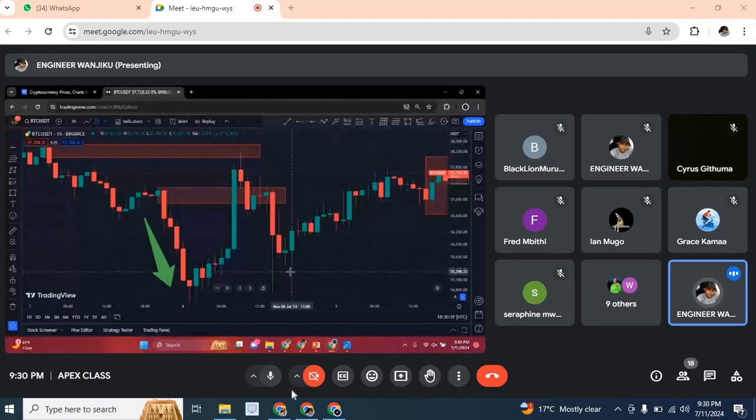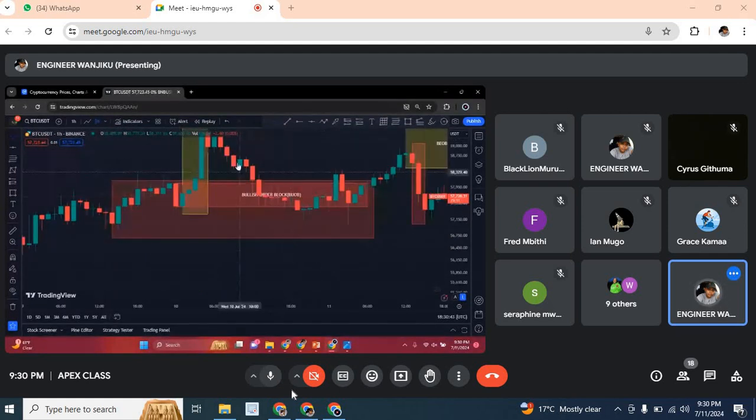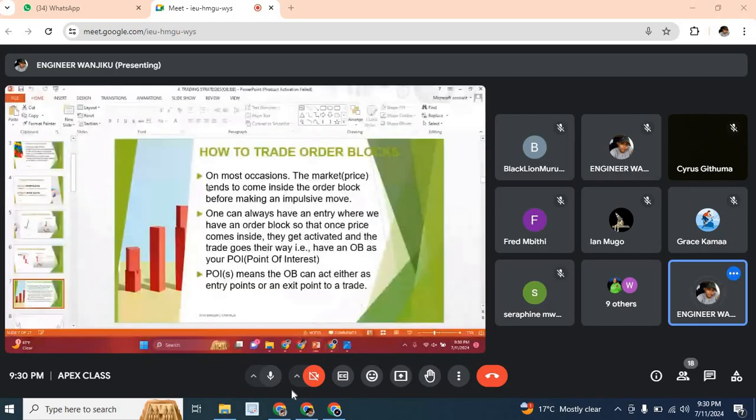For example, if this is a bearish order block. And if it's a bullish order block, the market will tend to come down to that zone before having a buy. So one can always have an entry where we have the order block, so that once price comes inside, they get activated and the trade goes their way.